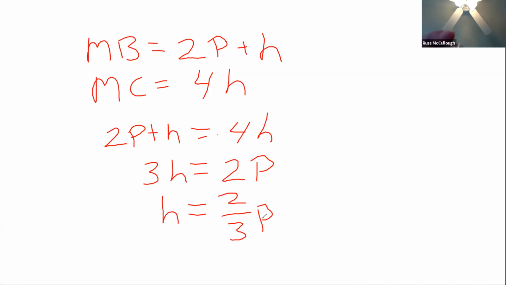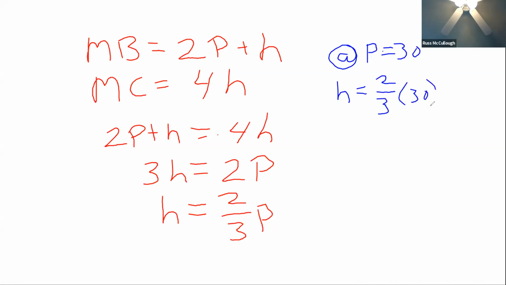And then our question says, what if our price is 30? So at price equals 30, we've got height equal to 2/3 of 30, which gives me 20.